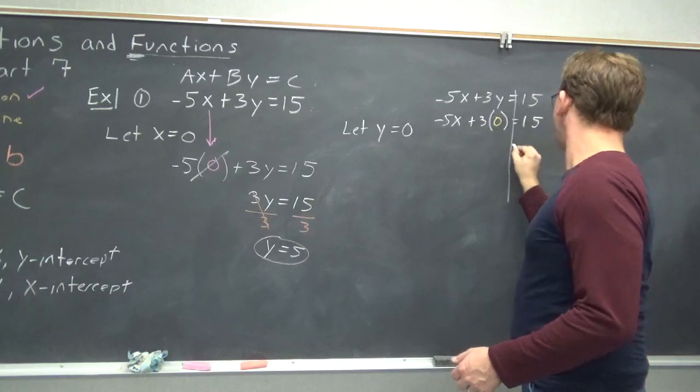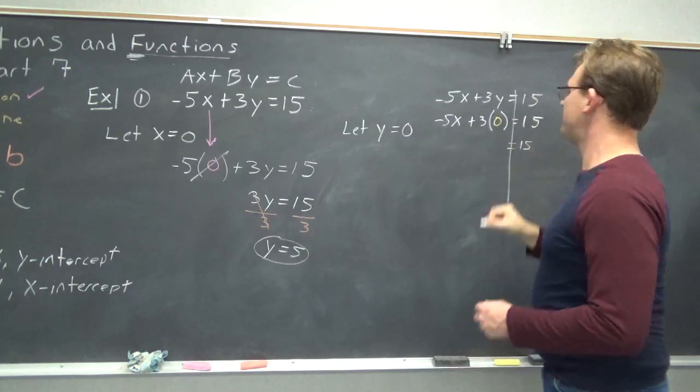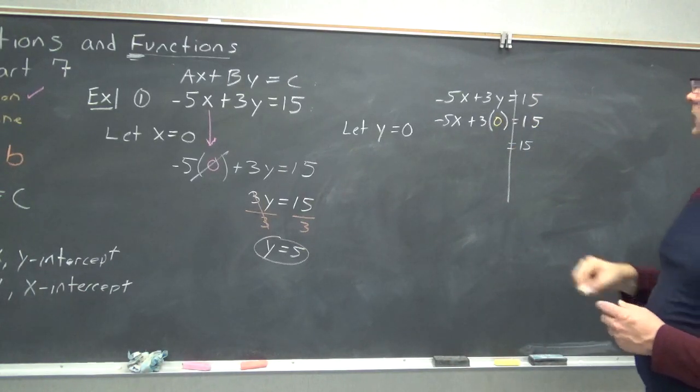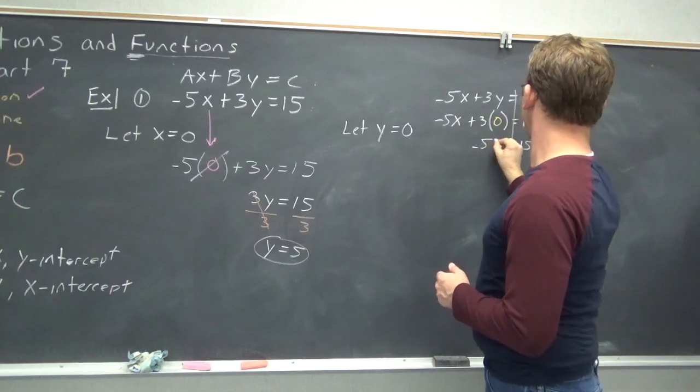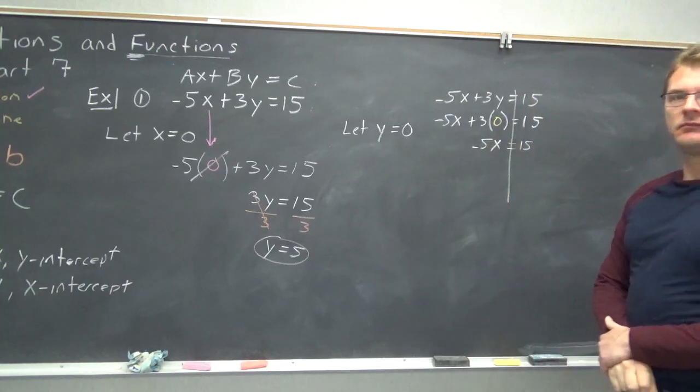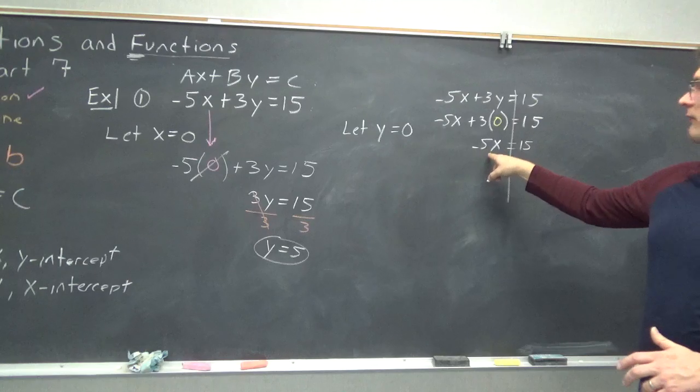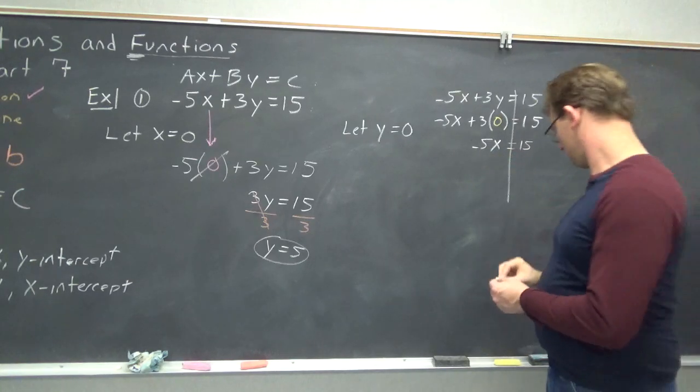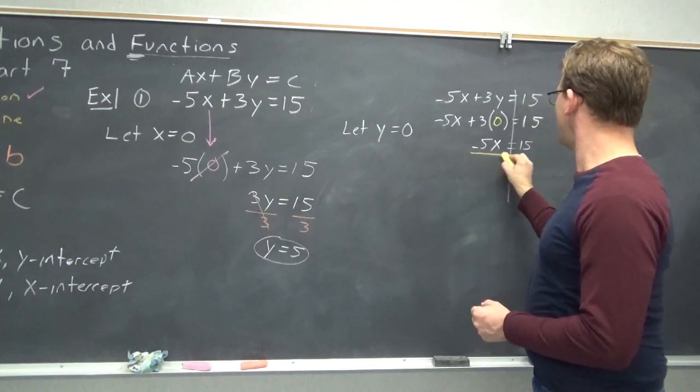So, 15 equals negative 5x. Do you remember how to solve for x? Divide.